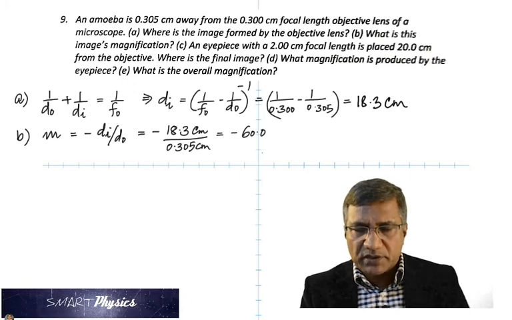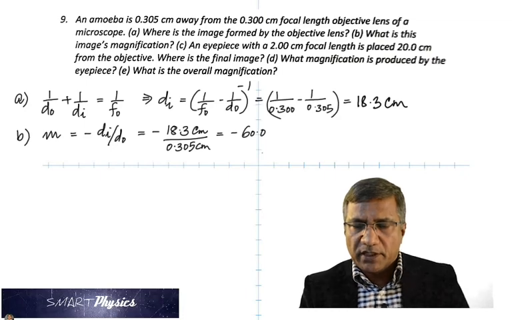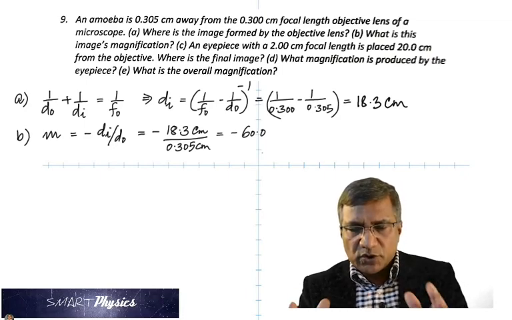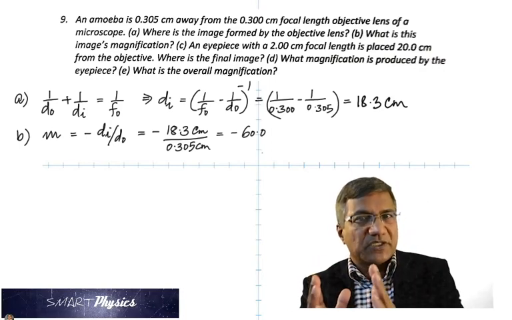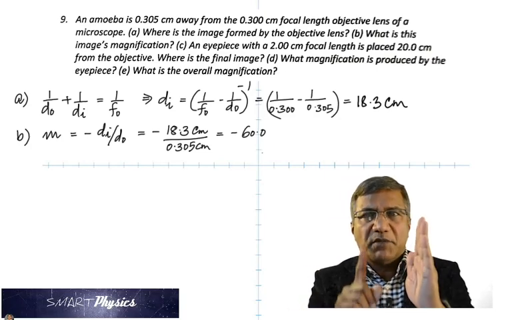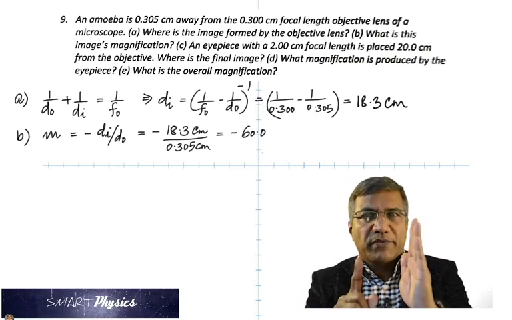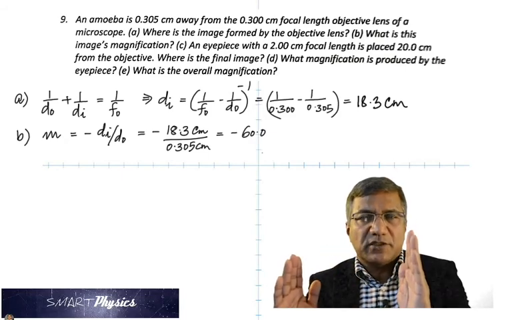In the C part it says, an eyepiece with a 2 centimeter focal length is placed 20 centimeters from the objective. So now the image distance was 18.3 centimeter from the objective. So that's the objective. The image is somewhere here, and the eyepiece is 20 centimeters away.